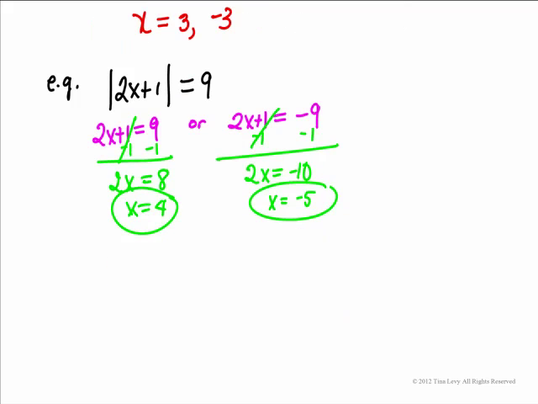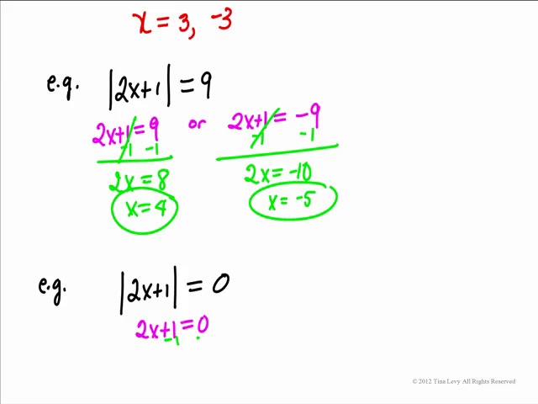Another problem is, suppose I say absolute value 2x plus 1 is 0. This is an example where the only way you can get a 0 is 0 on the inside, because 0 and negative 0 are the same. So this particular absolute value equation has just one answer. 2x plus 1 is 0.